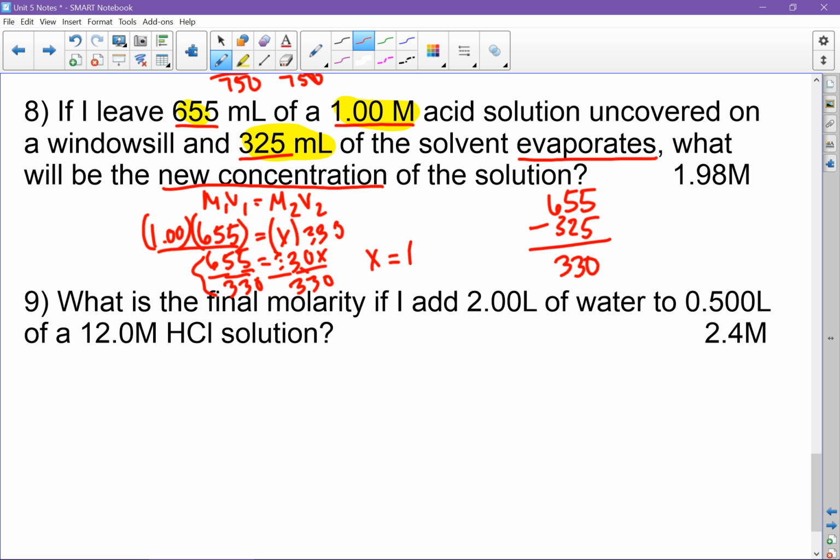So here my calculator says 1.984848. We're going to do our sig figs. I see 3 in all of the original numbers. So we will round to the third sig fig here, which is 1.98. The 4 means we don't have to round up. Because we were looking for concentration, that means the same thing as molarity, and so that's the unit that we put on our answer.